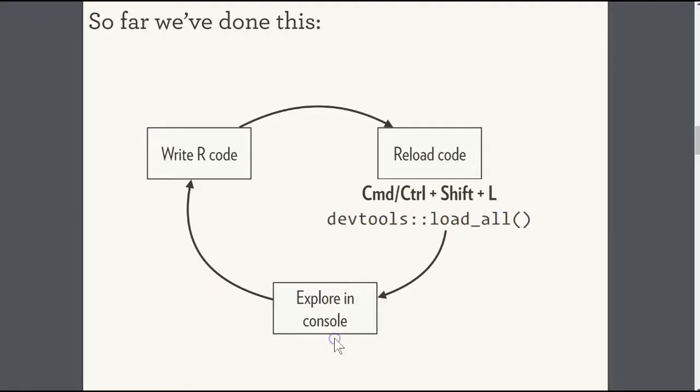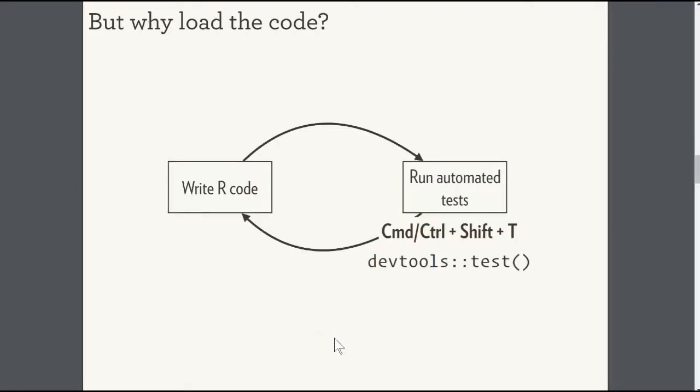So instead, it's much better to develop a workflow where you use tests to check that your functions do what they should. So basically you write R code and then you run all the tests that verify or not that those functions do what they should.